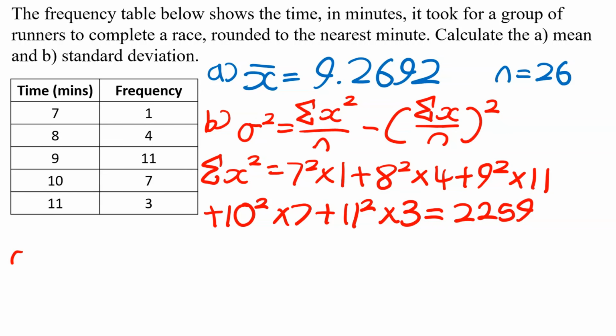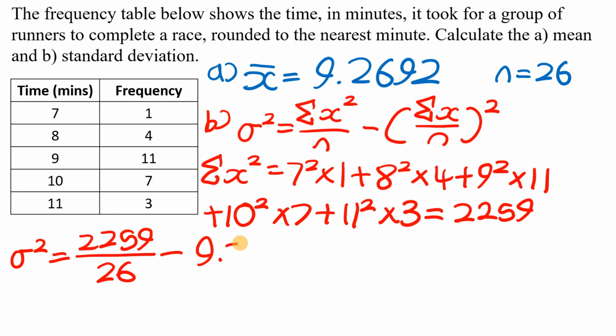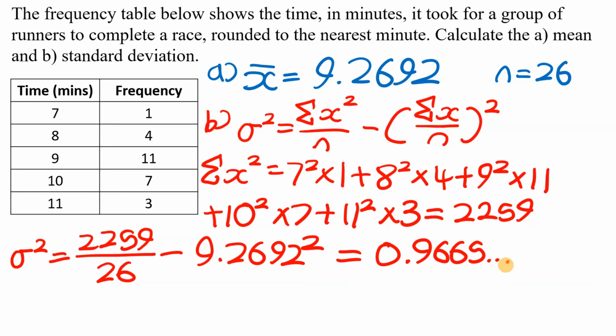2259. So therefore the variance is equal to sigma x squared, which is 2259, over n, which we figured out in part A is 26, minus the mean squared, and we know the mean is 9.2692, so it's 9.2692 squared, and if you put this into your calculator, it's equal to 0.9665, and so forth.